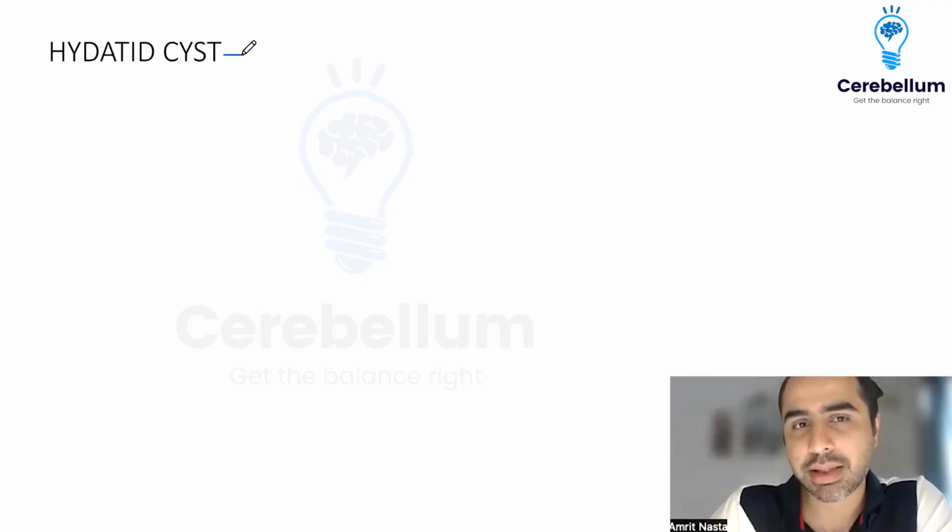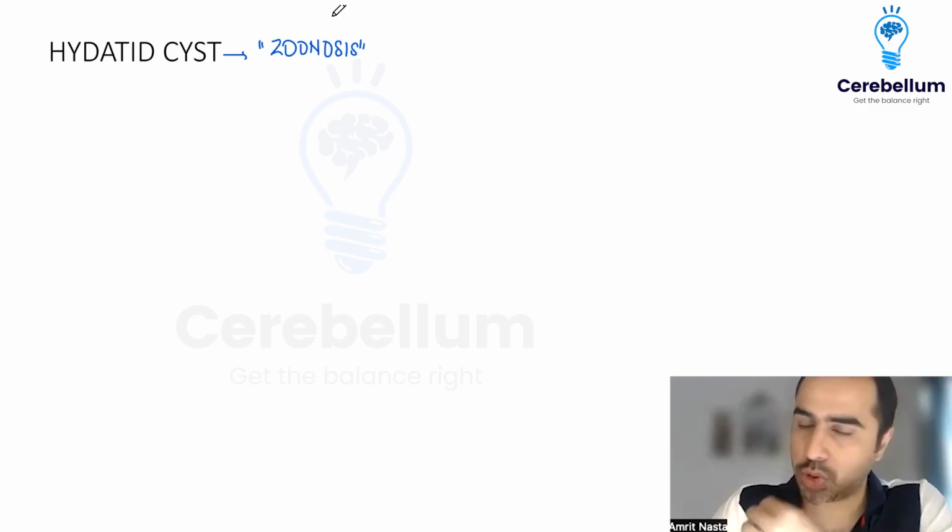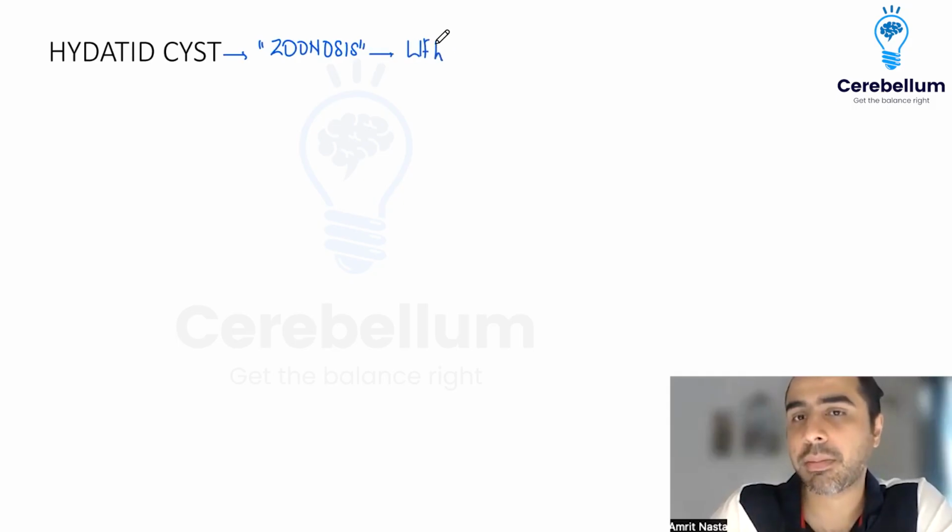This disease is a type of what is called zoonosis. You understand what is zoonosis? Maybe you were taught in microbiology. It's not from an animal; the organism has its whole life cycle in animals.